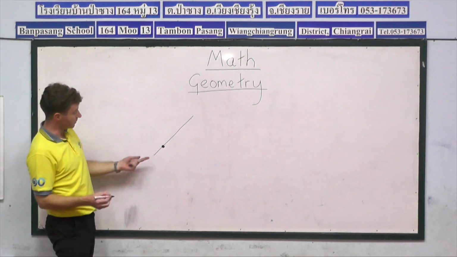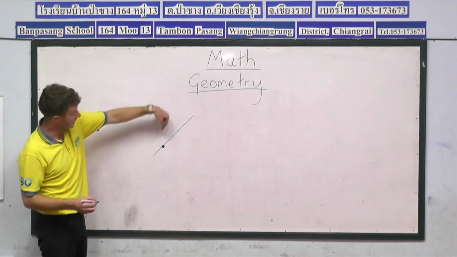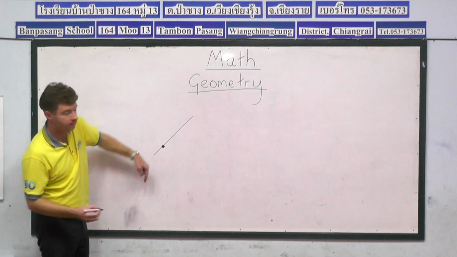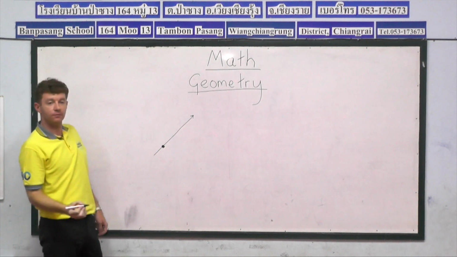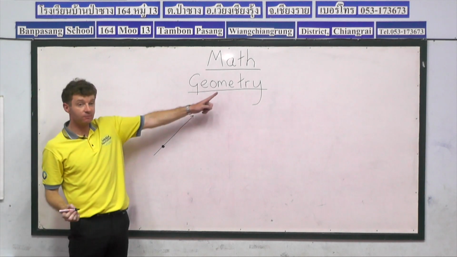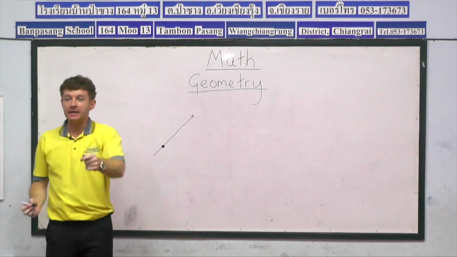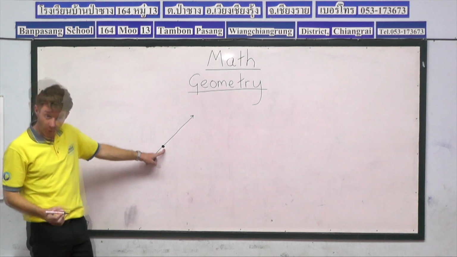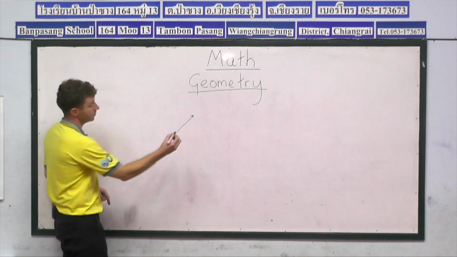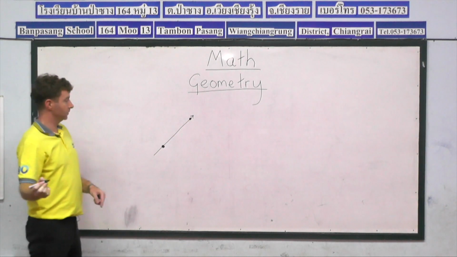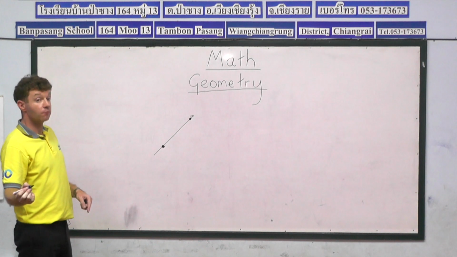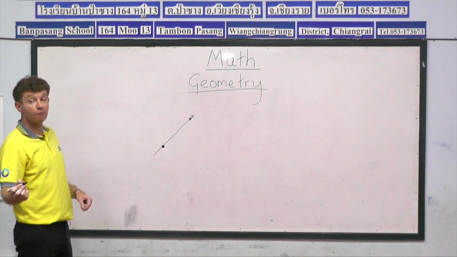Okay, because at the moment, we don't know. The line could be going this way. But if we draw an arrow here, we know the line is traveling this way. Now, we need our second point. And we place the second point right near the arrow.